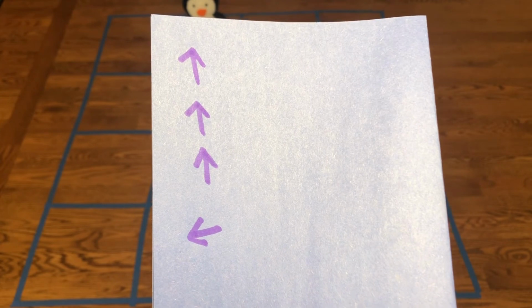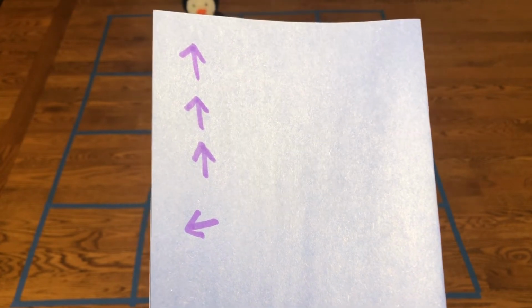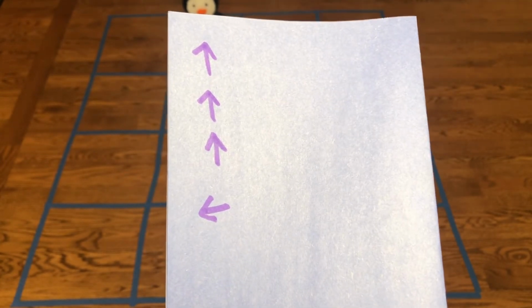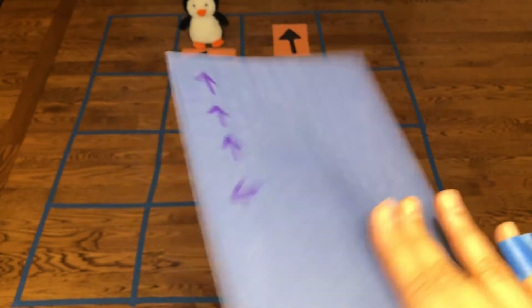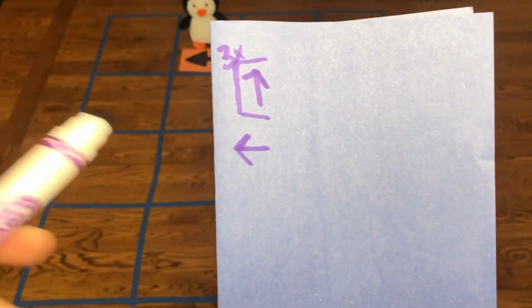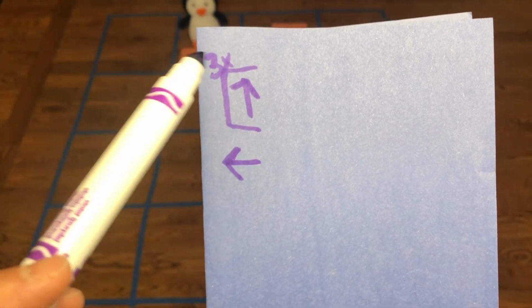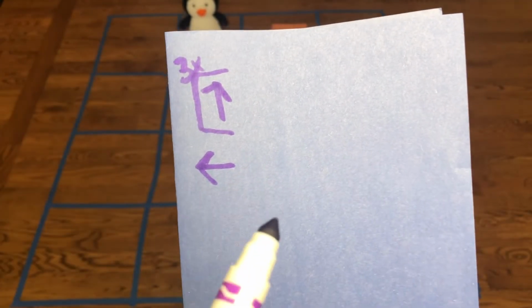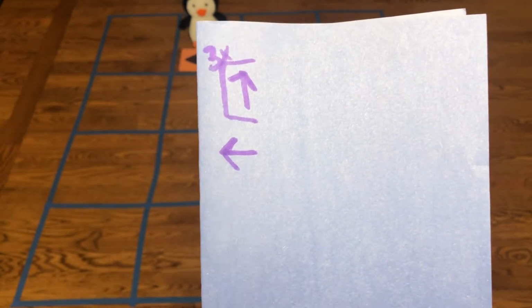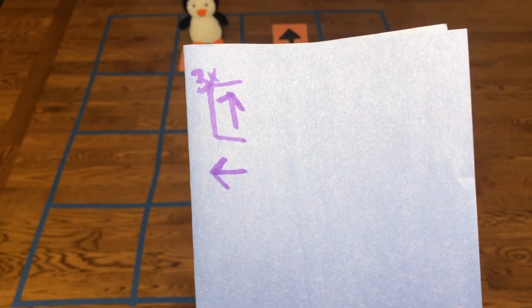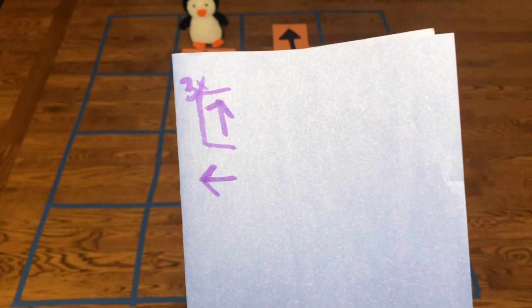I have 3 up arrows. So I could simplify my program and make it less lines of code if I took that up arrow and then I put a little box around it and I said do that 3 times and then move left. And that is rewriting my code to make it simpler.